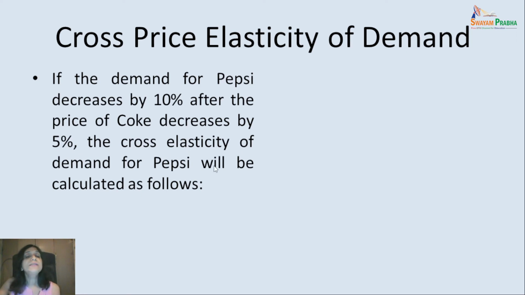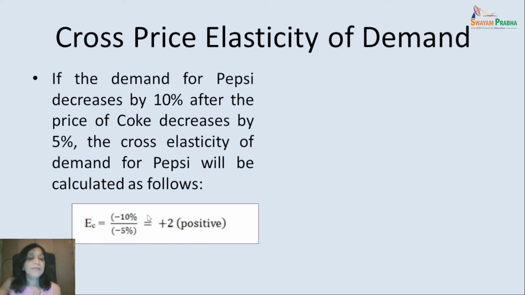Then the cross elasticity of demand for Pepsi will be minus 10%. Why minus 10? Because the demand declined. It fell by 10%. Why did it fall? We are comparing it with the fall in price of Coke. So in the denominator we are writing 5%. So minus 10% divided by minus 5% will give you 2.